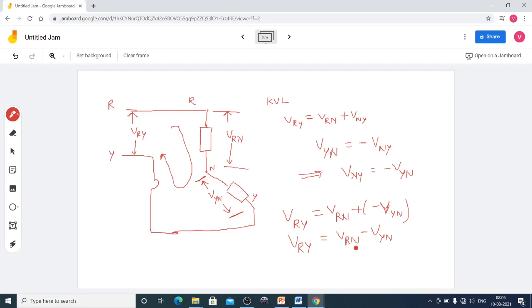Let us write the equations for the remaining two line quantities.